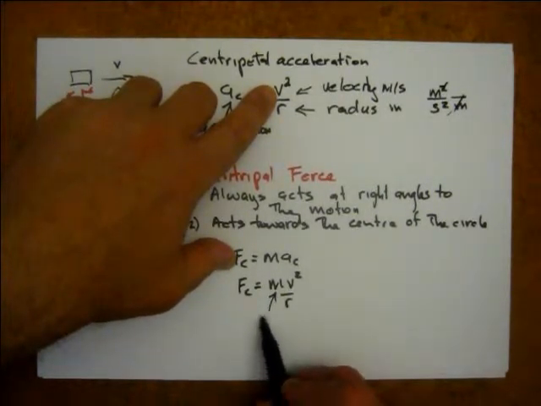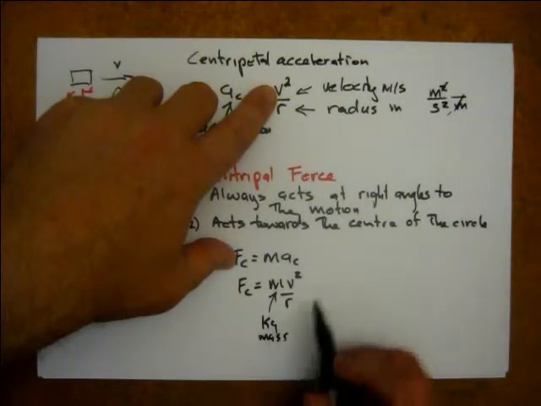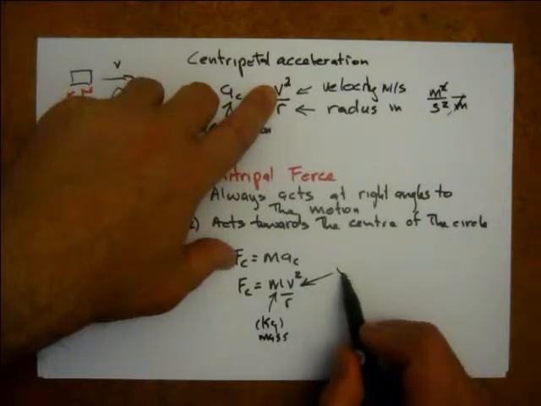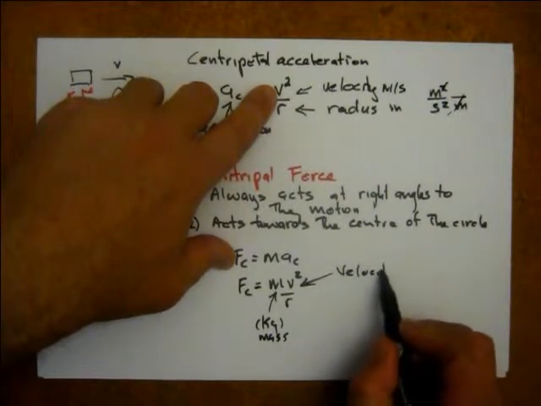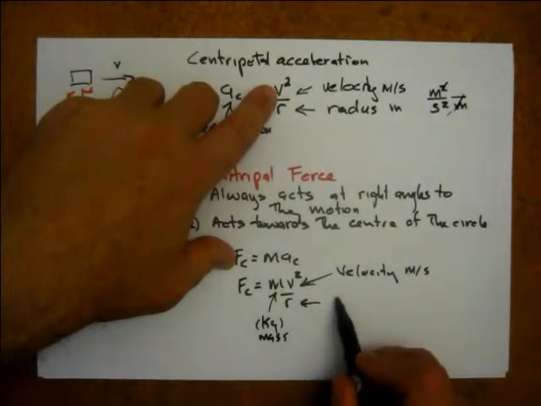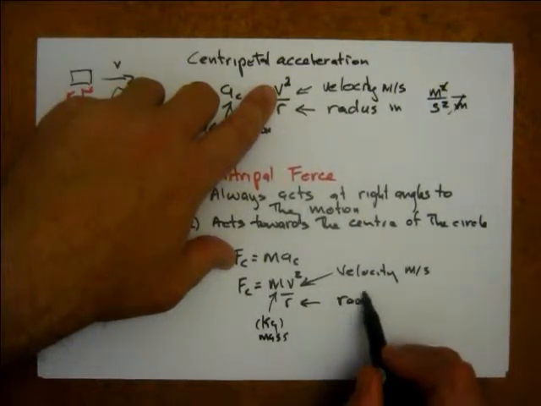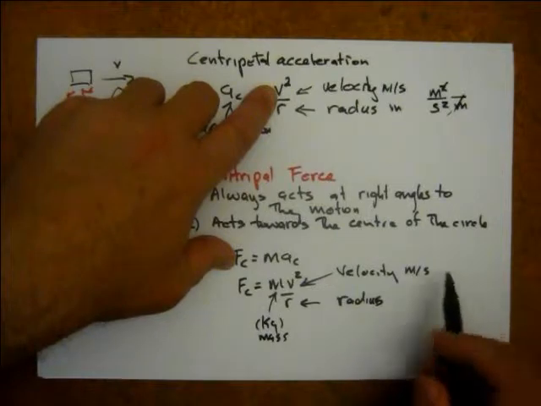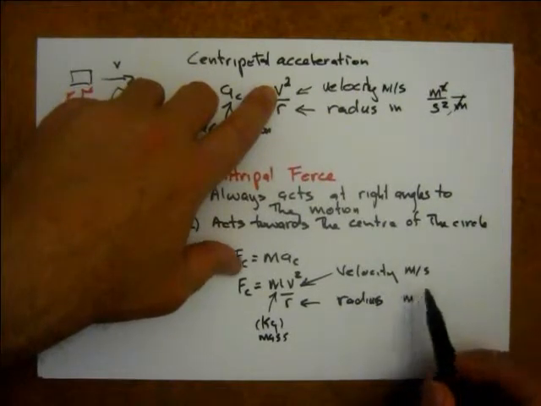So let's do this. This is kgs, mass. This is velocity, meters per second. This is radius of circle, that's going to be m.